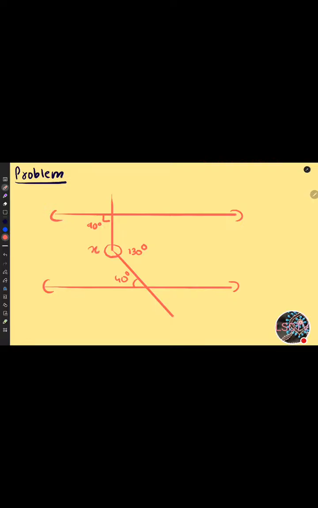Find the measure of angle x. Okay, this is an easy question. I'll give you 8 minutes. 8 minutes to solve this question.